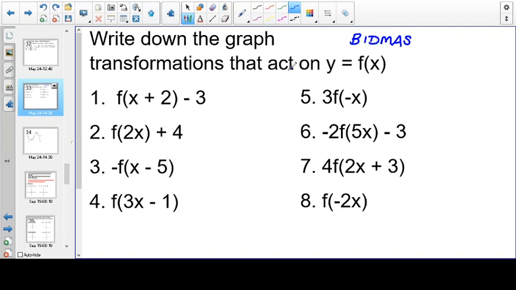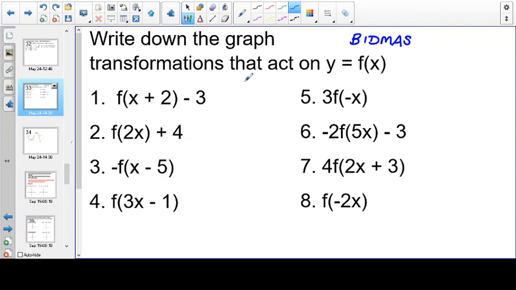Okay, so I would like you to write down the transformations. Remember, you've got to use key wording. So if it's a reflection, you need to say that it's a reflection, and you need to say what axis it's reflected in. If it's a translation, you need to state that it's a translation and then give a direction, either verbalise it or use a column vector.